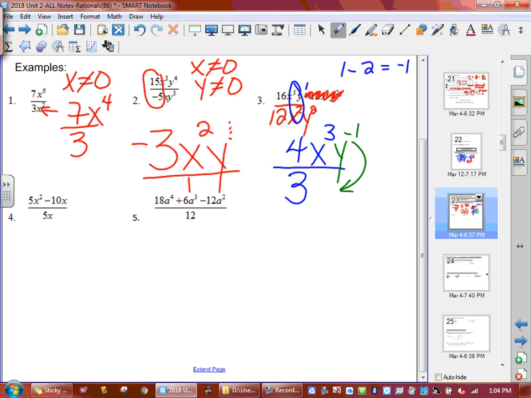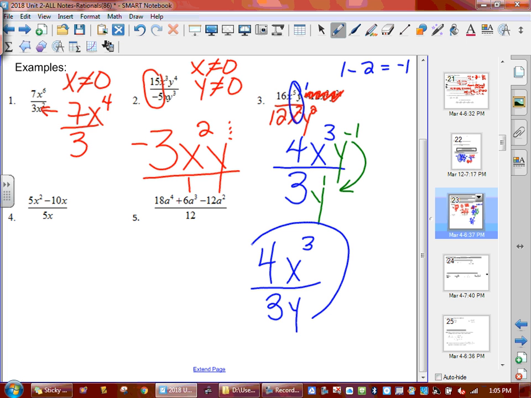Okay? Because remember, whenever you flip them, they are always going to change their exponents. Whether they're positive or negative, they'll go to the opposite. So if I flip the y downstairs, he becomes y positive 1. Okay? So that's what our final answer is going to look like. We're going to have 4x cubed over 3y. That would be our final answer.